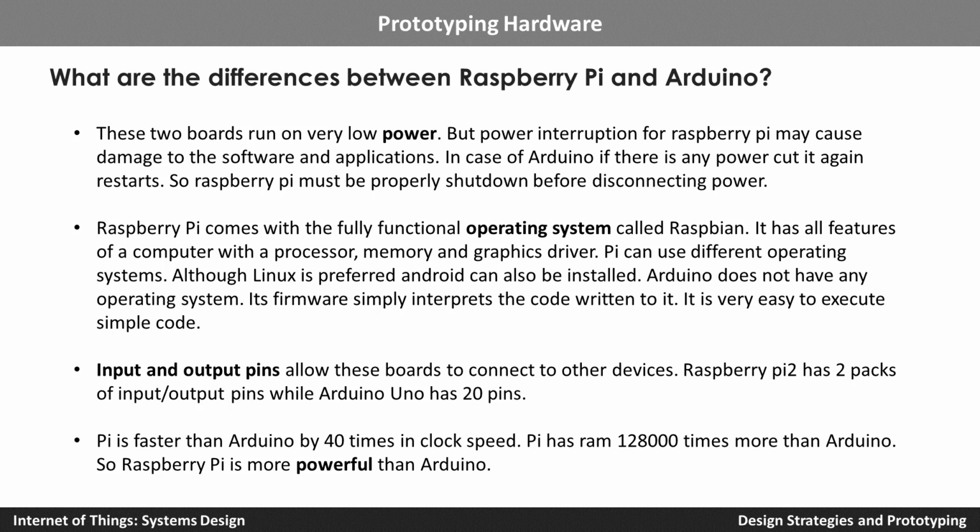The difference is Raspberry Pi has more standard connectors for external monitors, keyboard, USB, USB-C, Ethernet, and an audio jack, which Arduino does not have. Raspberry Pi is much faster than the Arduino, perhaps like 40 times faster in terms of the clock. And Pi also has a large amount of memory compared to the Arduino.